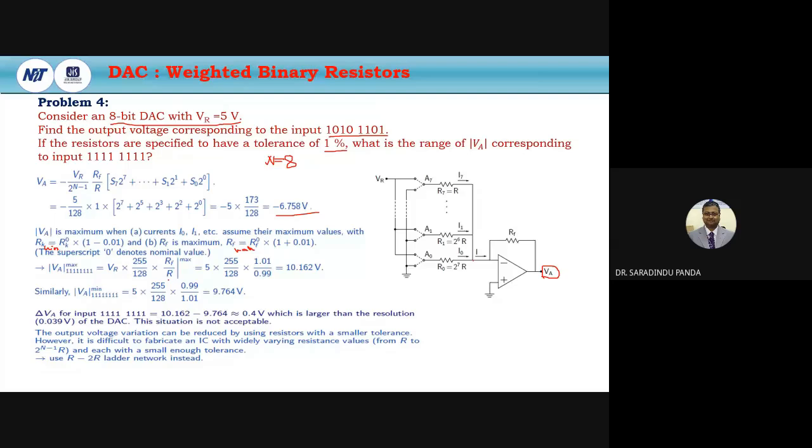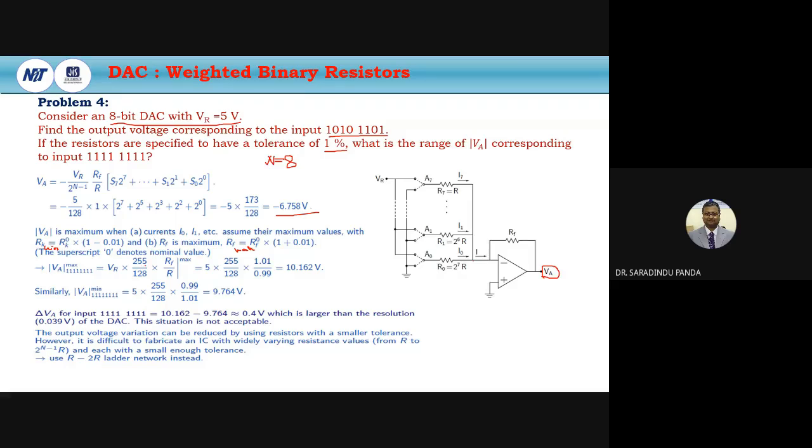Very simple. So VA is equal to 255 by 128 times VR, RF by R. Can you tell me why it is 255? This is the maximum step size, 2 to the power of 8.